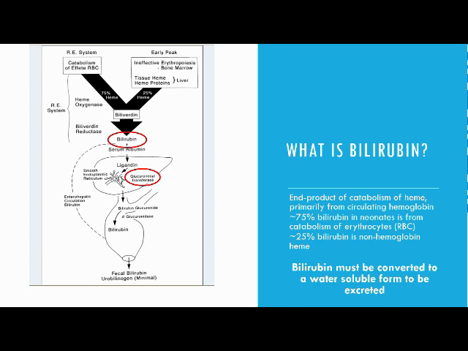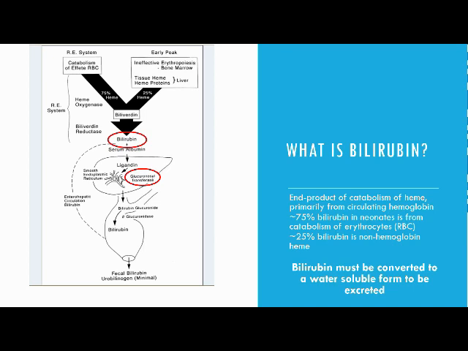One thing to point out is this dotted line out to the side, the intrahepatic circulation. You see that it leads from the small intestine back up to this bilirubin section, before it combines with albumin and is taken back to the liver.